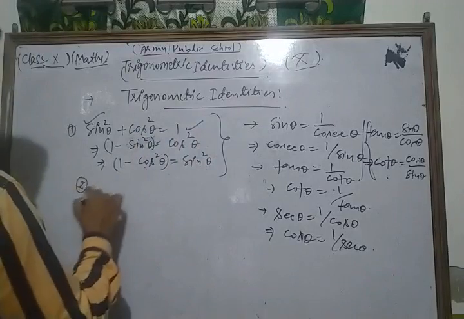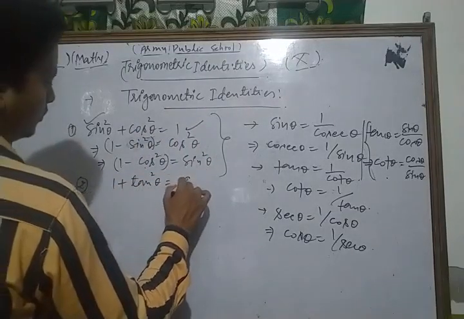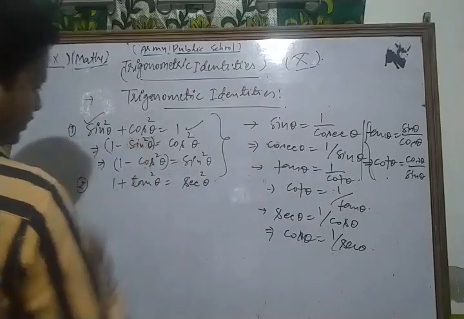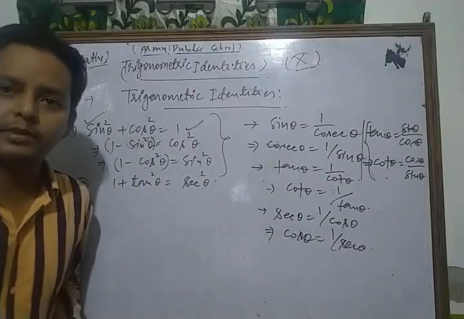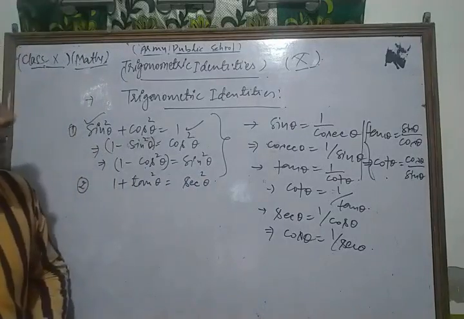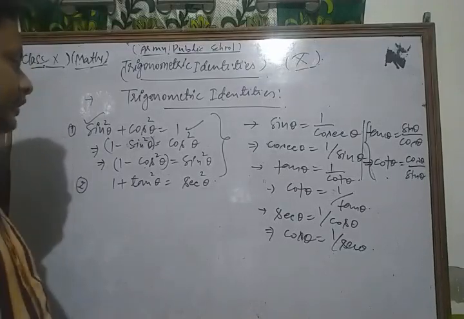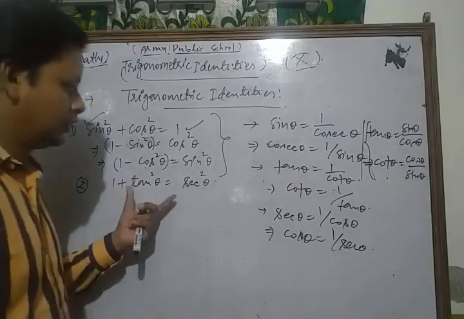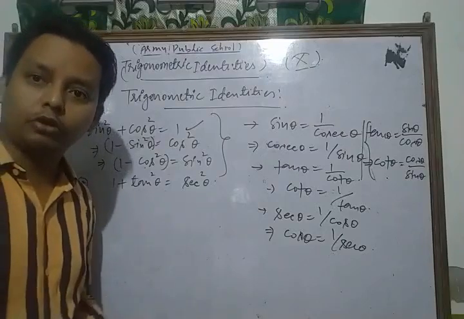Second one is what? 1 plus tan square theta is equal to sec square theta. This is also a very important algebraic identity related to the chapter Introduction to Trigonometry. From there we can also find very important relations.